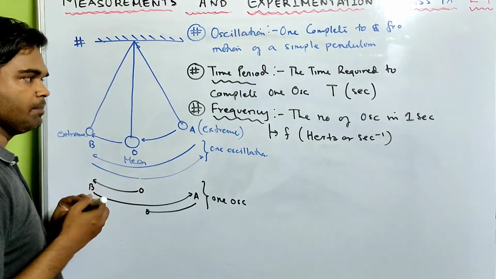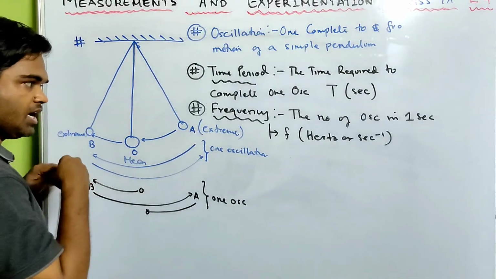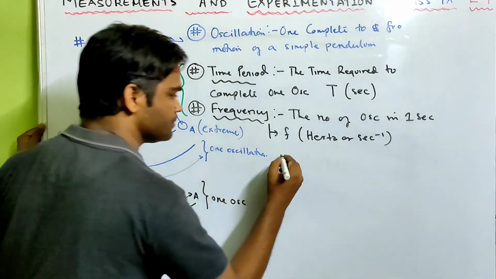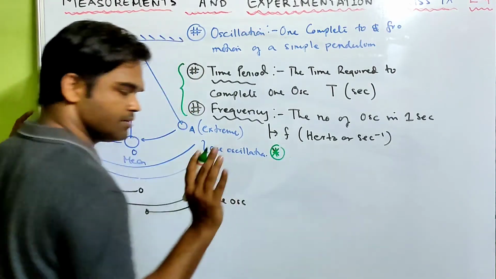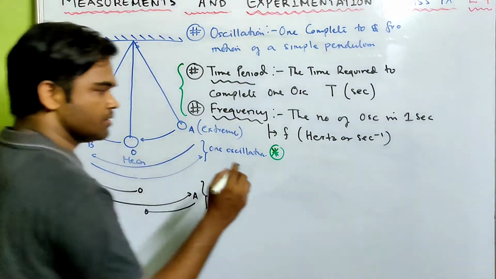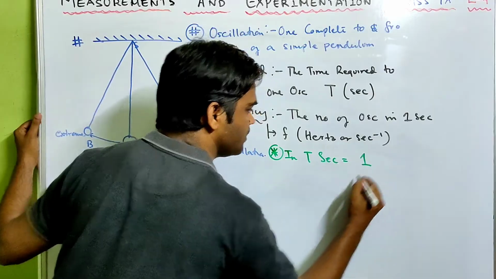Now there's a relation between time period and frequency. Just see how we derive this relation between these two. Now we know that in T seconds, if T is the time period, the number of oscillations is one.